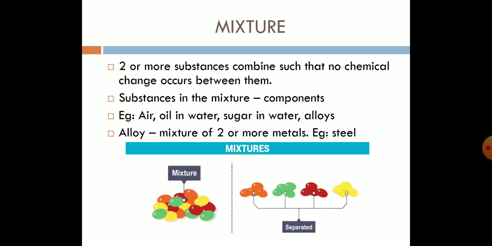I can pick out the orange beads separately, green beads separately, red beads separately, yellow beads separately. Similarly, a mixture is a combination of substances where there is no chemical reaction between them.